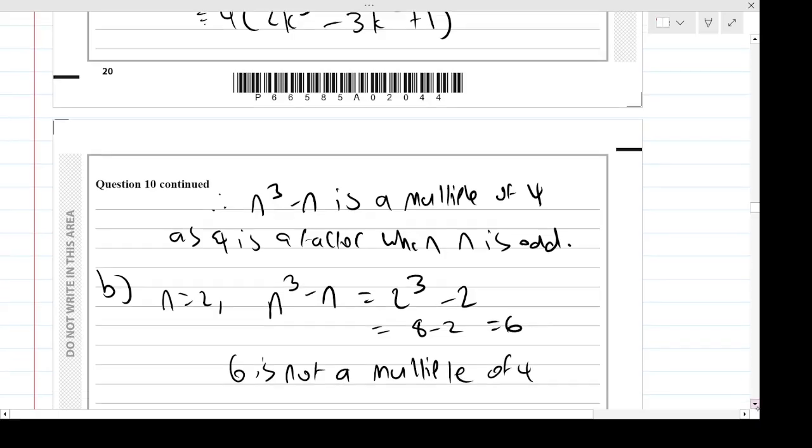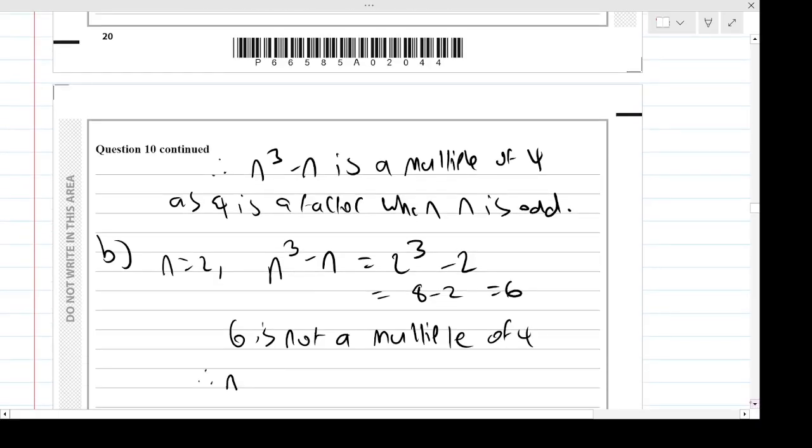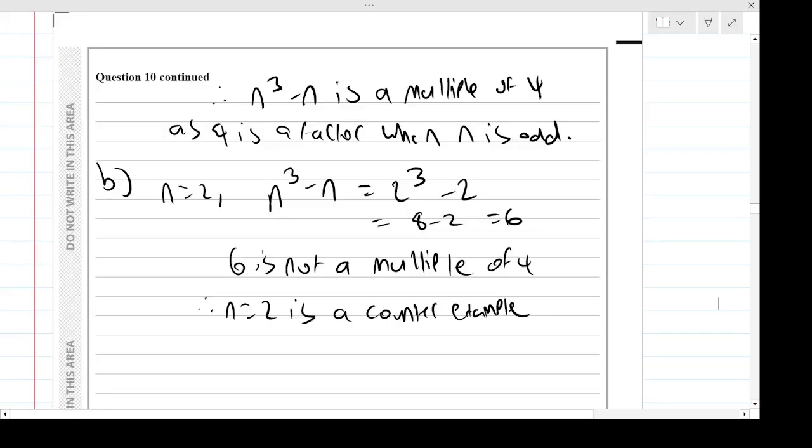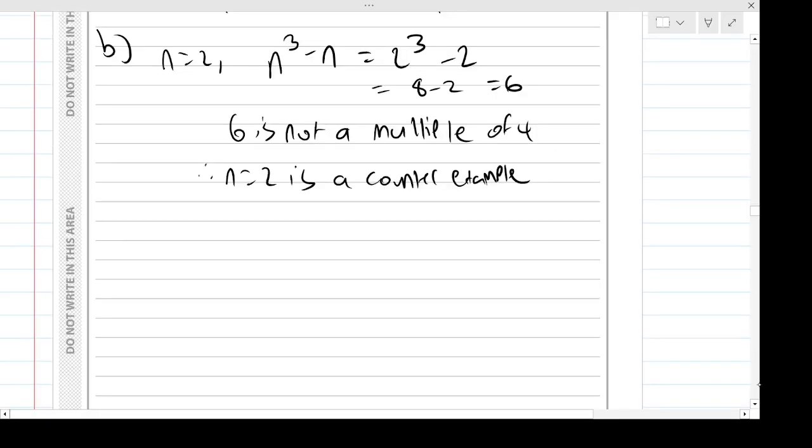So therefore n is 2 is a counter example. Remember, a counter example is just an example where the statement does not work. Okay, that's what we did there.